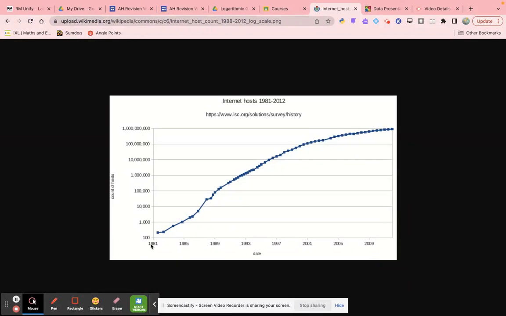What that means is that the first jump is from 100 to 1,000. So each small interval up here would be 100 going up to 1,000. But then each tenth between here and the next scale is going up in thousands, whereas only hundreds between here and here. Now we go up 2,000, 3,000, 4,000, 5,000, all the way up to 10,000.